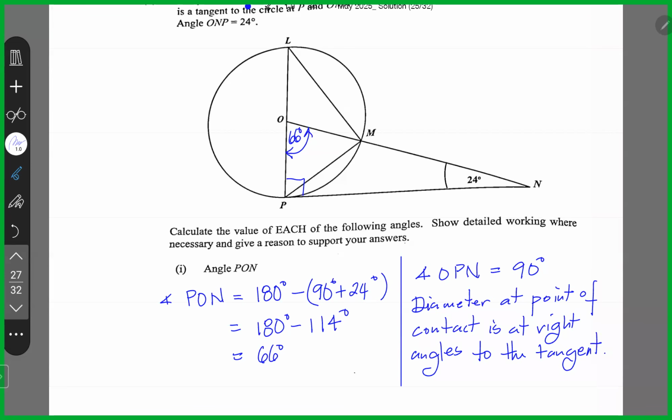So the diameter at the point of contact is at right angles to the tangent. Angle PON measures 66 degrees.